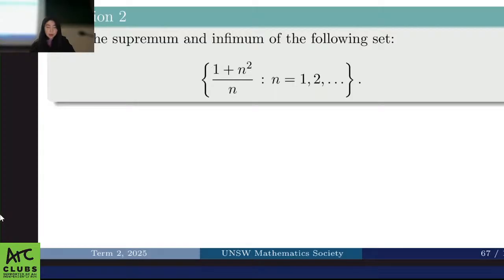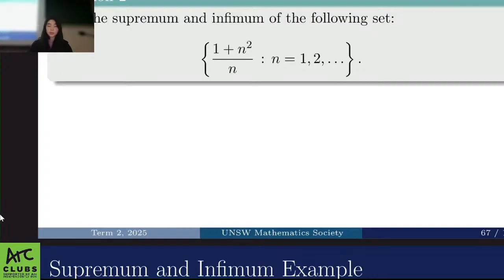So let's do an example. Find the supremum and infimum of the following set where the sequence is defined by this formula. Note that usually you have to use different tests given a formula of a sequence. But if we're given it in this form, then as you can see, it's really easy, we can just evaluate its first derivative to see if it's monotonic, decreasing or increasing.